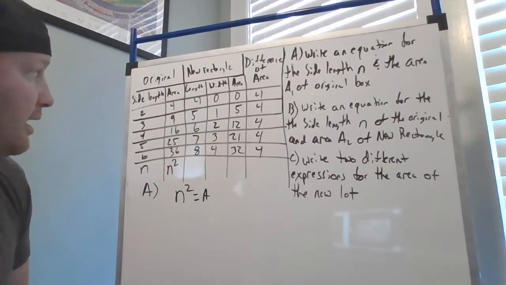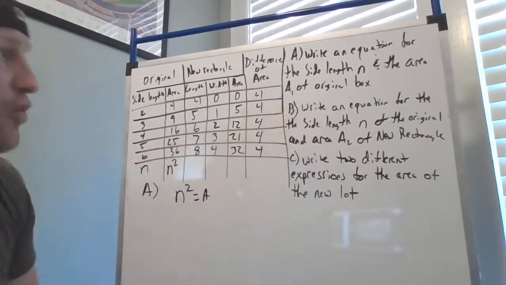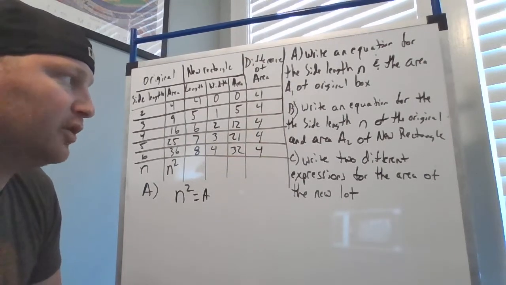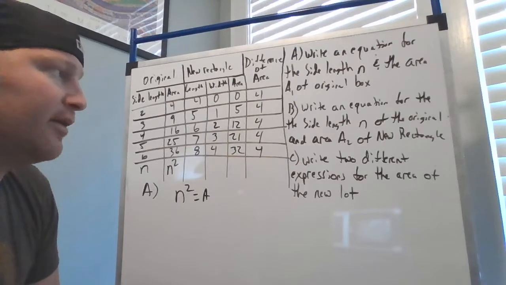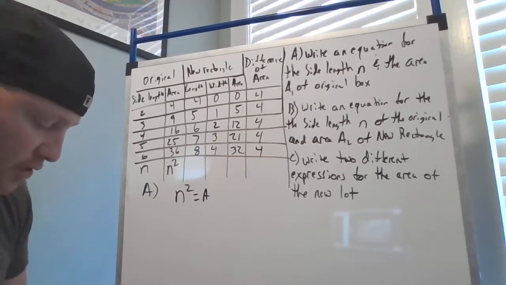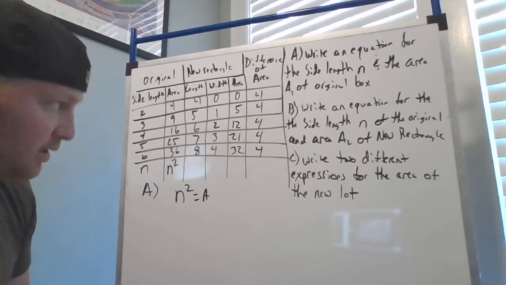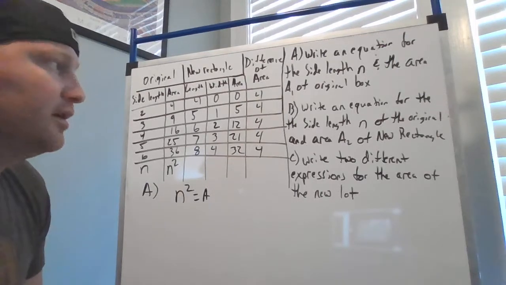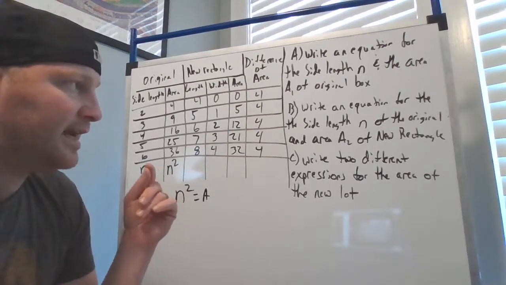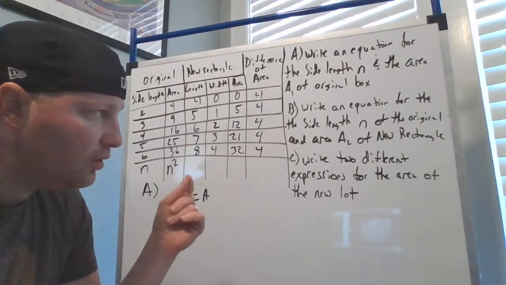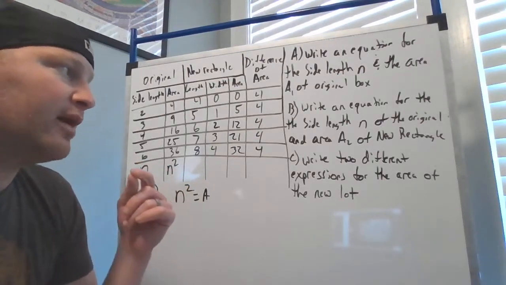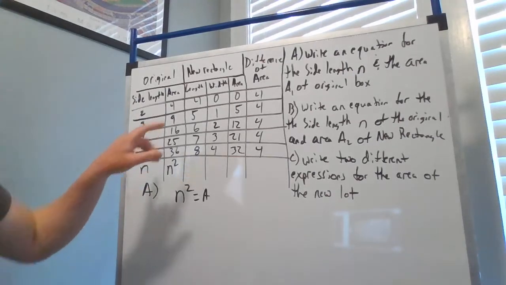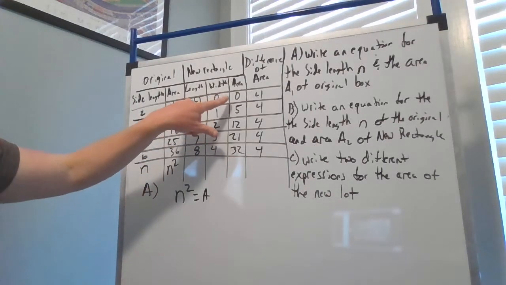Going on, the next question says, write an equation for the side length n of the original and the area A2 of the new rectangle. So, all right, let me read it again. Write an equation for the side length n of the original and the area A2 of the new rectangle. So I'm looking here. I'm not going to really look at this to figure out the pattern.